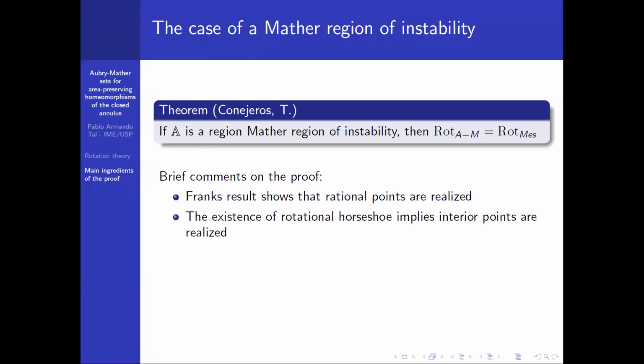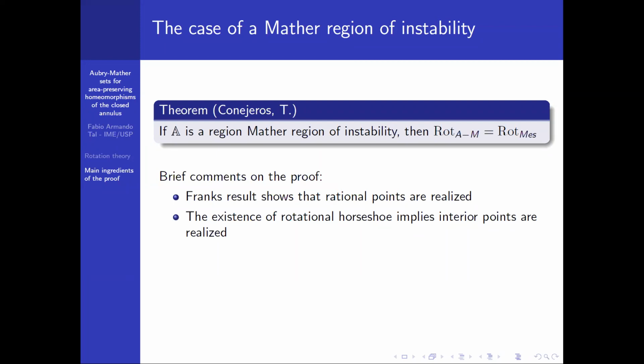And then the result with Patrice shows that any point in the interior of the rotation set is in between two rational points, which means that I have two periodic points associated to them, and I can do a rotational horseshoe and find through the rotational horseshoe that I actually have an invariant set with this irrational speed, which is an Aubry-Mather set for that irrational speed.